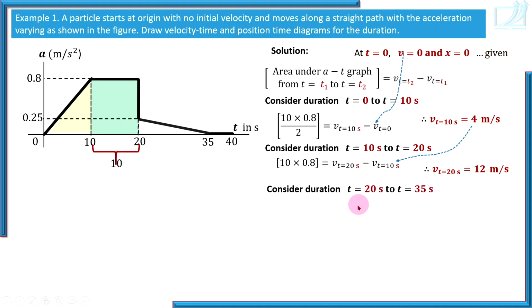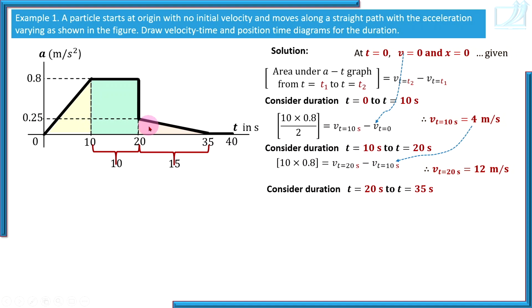Now for the next interval we will select 20 to 35, from t equal to 20 seconds to t equal to 35 seconds. Now in this interval, what is that area? So the area under the AT diagram is a triangular area. What is the base of the triangle? 15. From 20 to 35, that is 15 seconds. That is the base. And what is the height? 0.25.